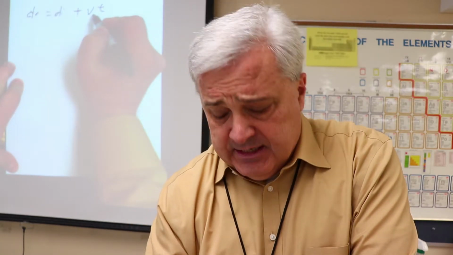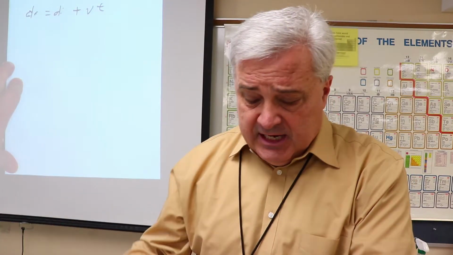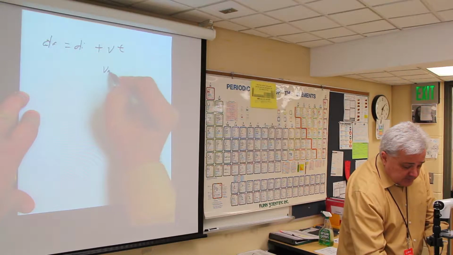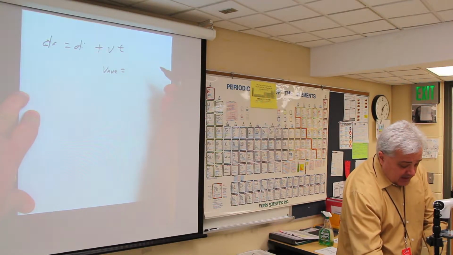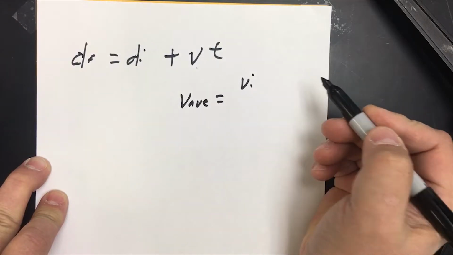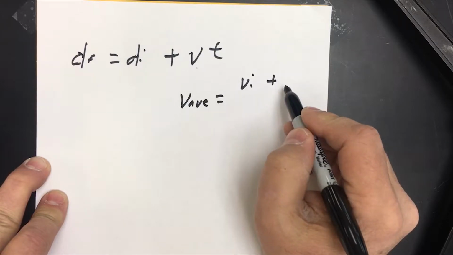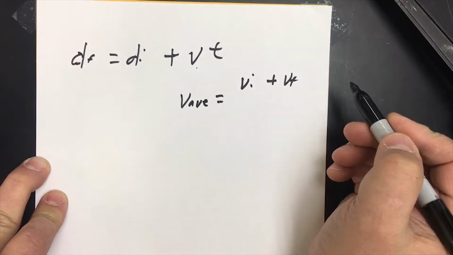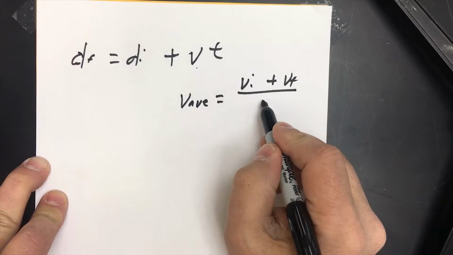So how are we going to come up with this average velocity in a case where the velocity is changing? Well, that's easy enough. There's an equation for average velocity, and it says v average is the initial velocity plus the final velocity, divided by 2.